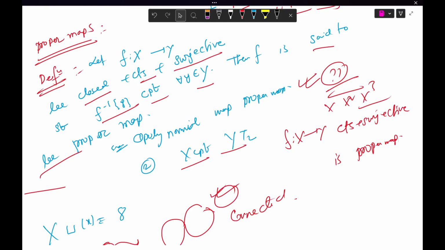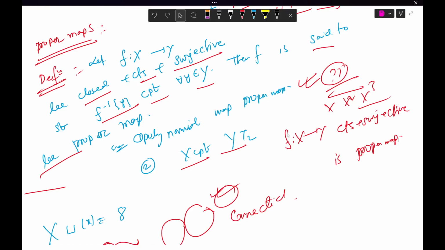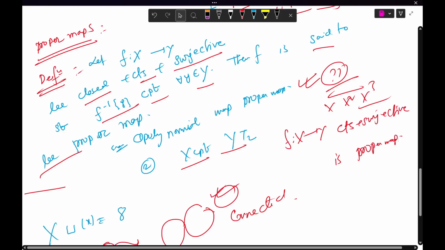If it is injective, then obviously it is proper. If it is not injective, then as long as f inverse of y is compact for all y, it is a proper map. So we won't be bothered about whether the inverse of any point is single-valued or multiple-valued. If it is single-valued, then obviously it is compact, right?